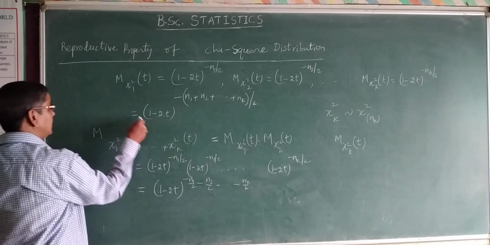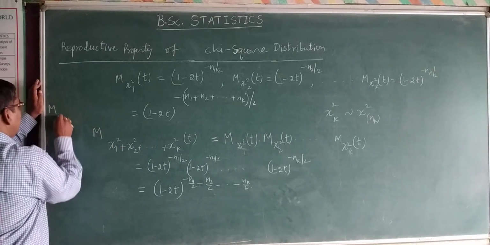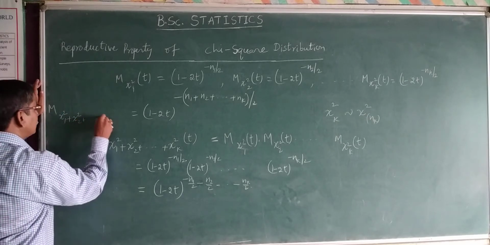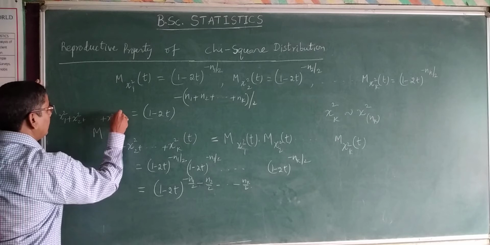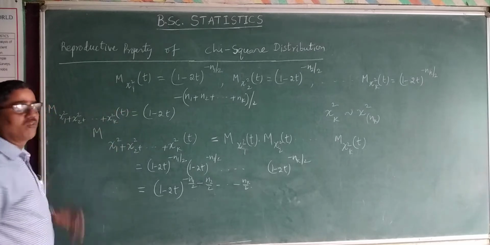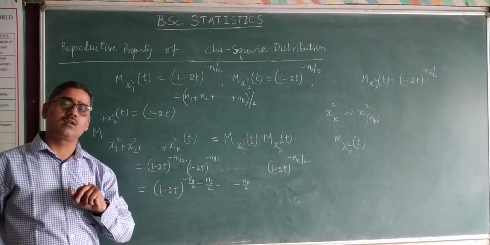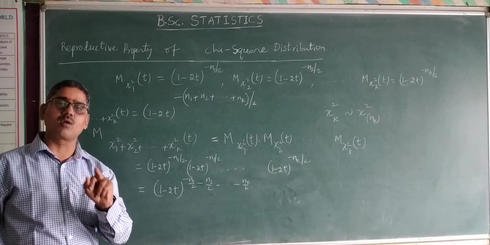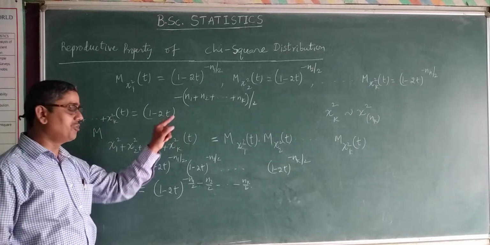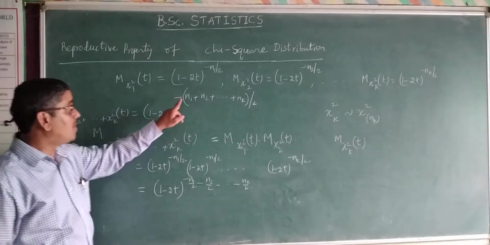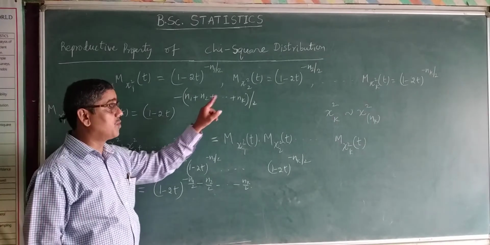You observe this. This is nothing but the moment generating function of chi-square 1 plus chi-square 2 plus and so on plus chi-square k. What is the moment generating function of chi-square? It is (1 minus 2t) to the power minus n by 2. This is in the same form. The degrees of freedom here is n1 plus n2 plus and so on plus nk.